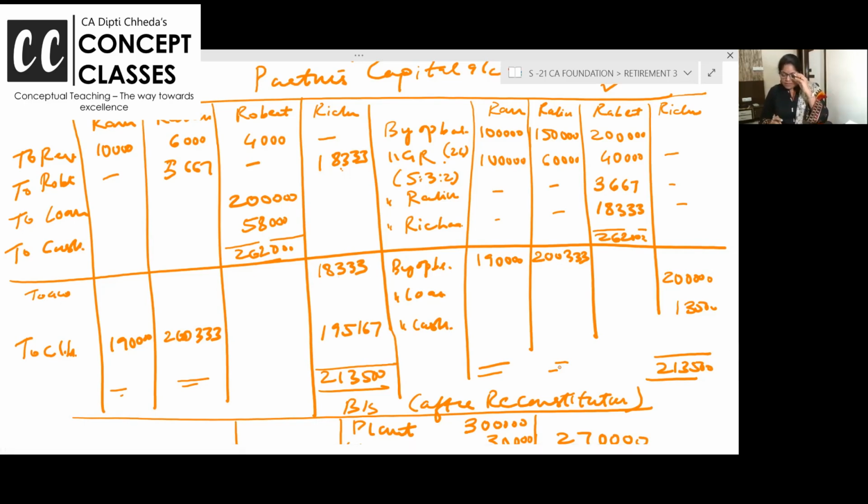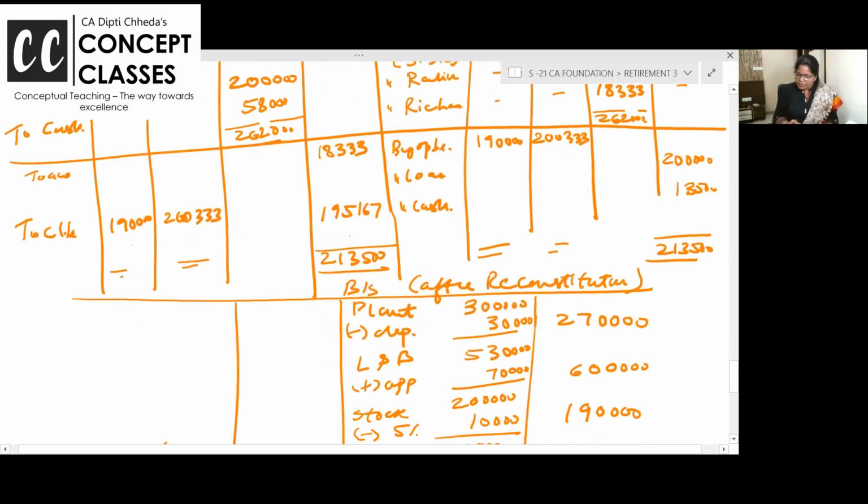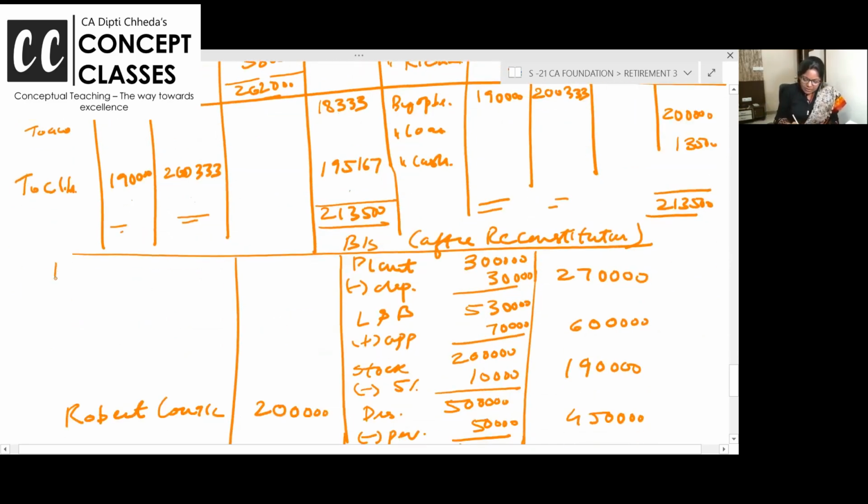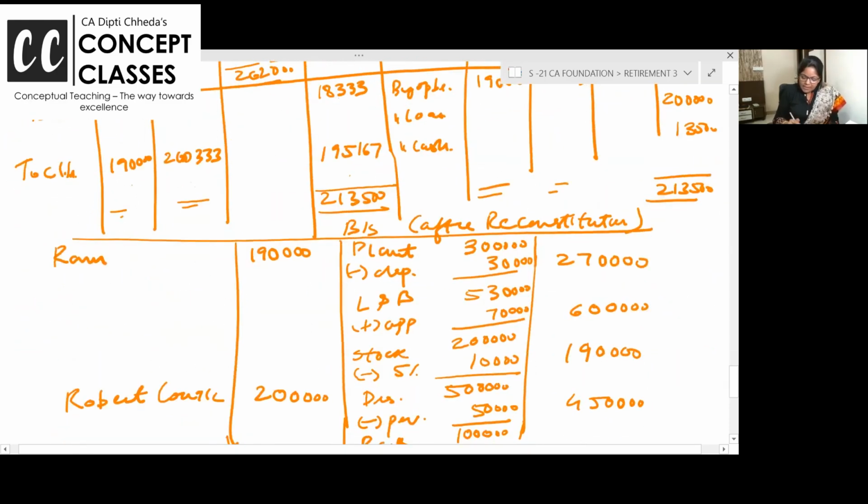Check with me. Ram's closing balance is 190. Rahim's is 233. Divide by 2. Richard should be 195. I'll make you write in the working if you want. Can we all come to the balance sheet? Ram's capital is 190. Ram के बाद next कौन है? Rahim.